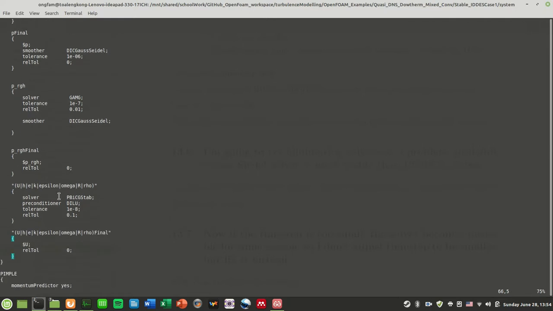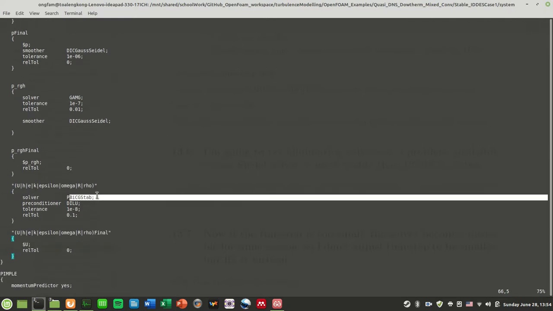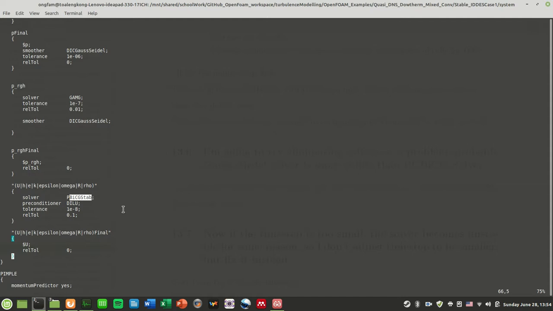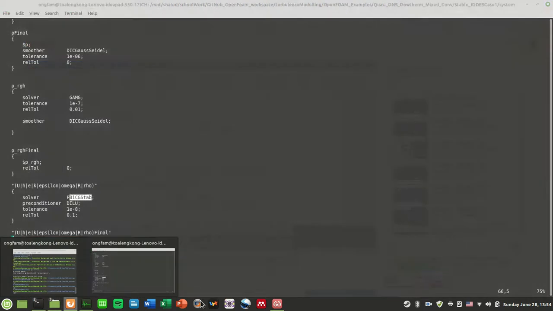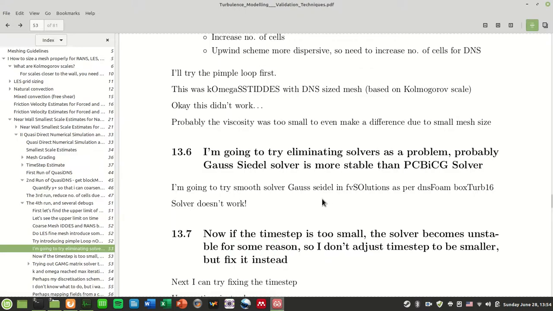For example, this PBiCG, a preconditioned biconjugate gradient solver, is the stable one. I tried changing it to Gauss-Seidel and other smoother solvers, because Gauss-Seidel was used in the DNS box type 16 and it worked for that simulation. Unfortunately, for this simulation, it just didn't work. The solver blew up.